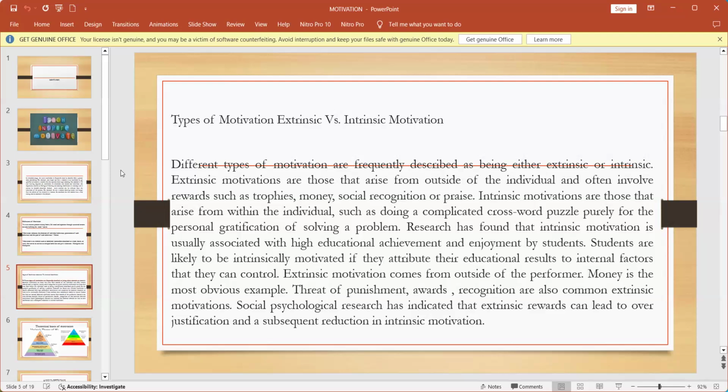If you take extrinsic motivation, the learner is motivated due to outside factors. What are the outside factors? Not within the learner, but external factors.